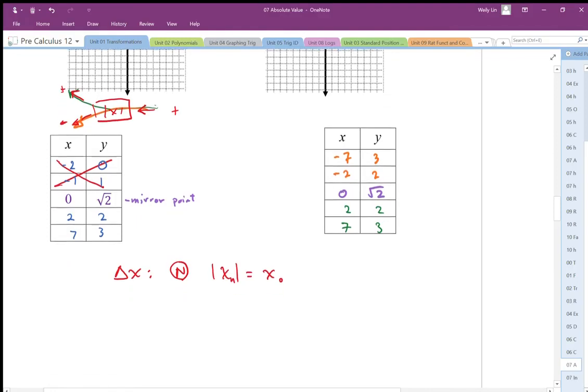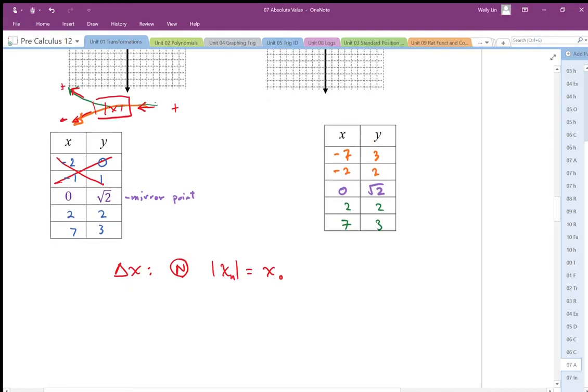So when I undo this, I'm going to end up solving for the absolute value, and I get plus minus x naught. So the absolute value x gives us plus minus x when I solve it, when I undo it.